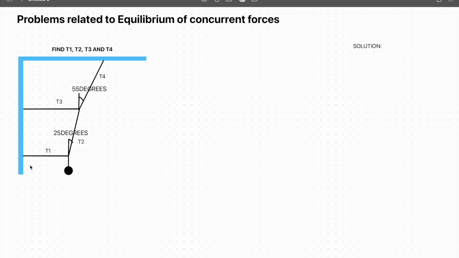The question asked us to find the four tensions working in the following figure.